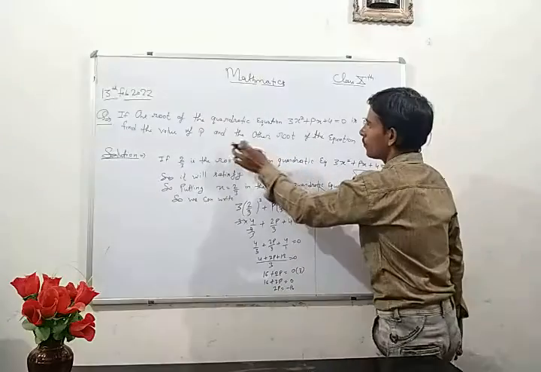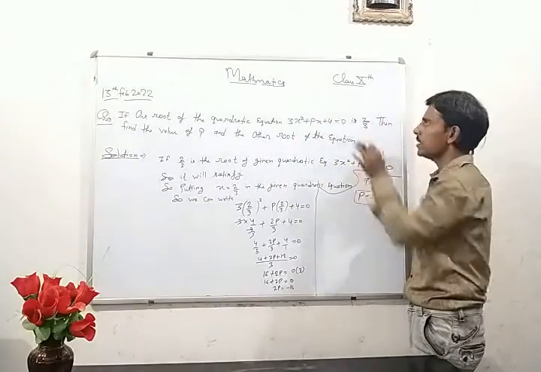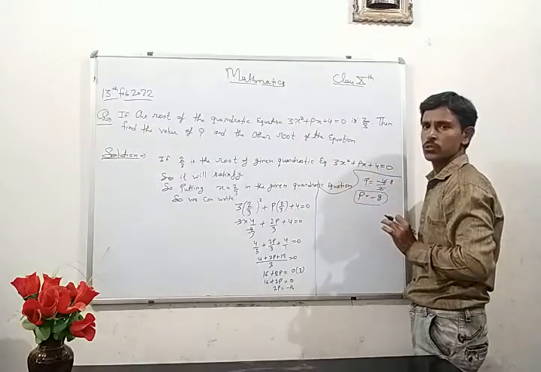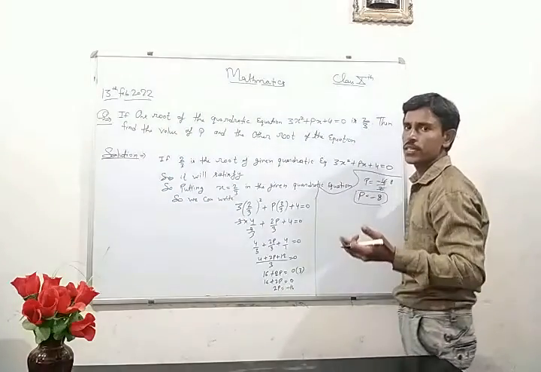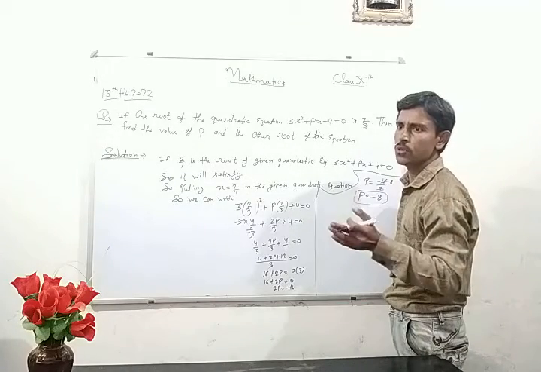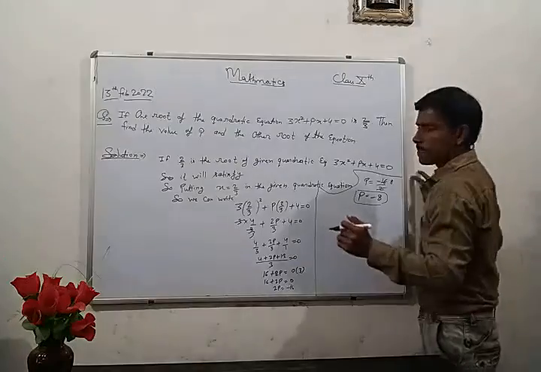After that, we have to find the other root of the given equation. You all know that if there are two roots, we can find the sum and the product of the roots with a formula.